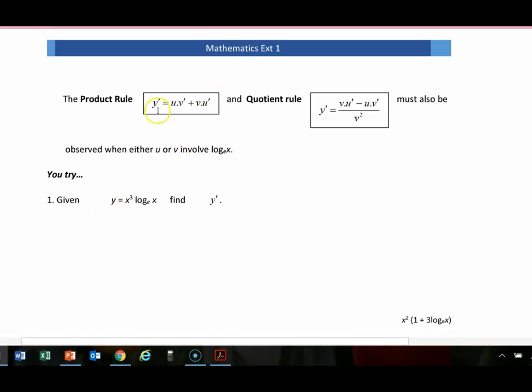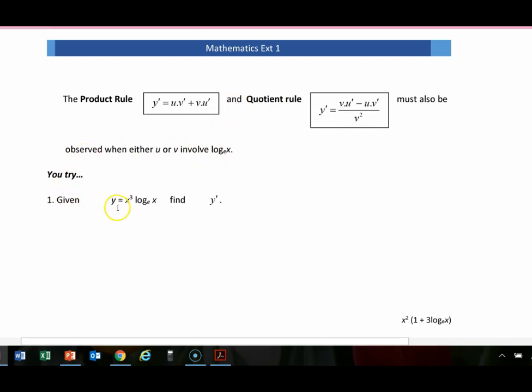So, a bit of quick revision about the product rule. When our y, or our entire function, is made up of u times v, then we do u v dash plus v u dash. The quotient rule is v u dash minus u v dash all over v squared, and v must be the function that's in the denominator of the quotient.